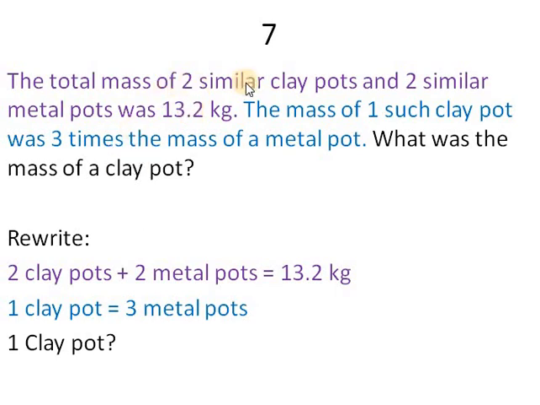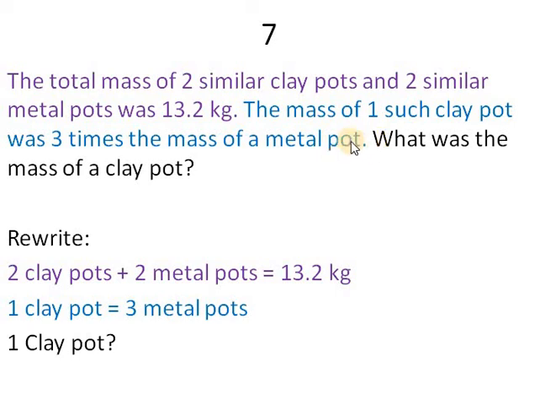So you have two clay pots and two similar metal pots, and the mass was 13.2 kilograms. I try to rewrite: two clay pots plus two metal pots is equal to 13.2 kilograms. The next sentence is the mass of one such clay pot was 3 times the mass of a metal pot. From the sentence, we know that the clay pot is heavier than one metal pot, so we compare one with one.